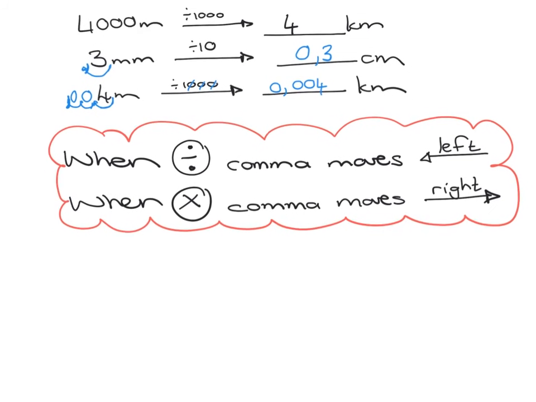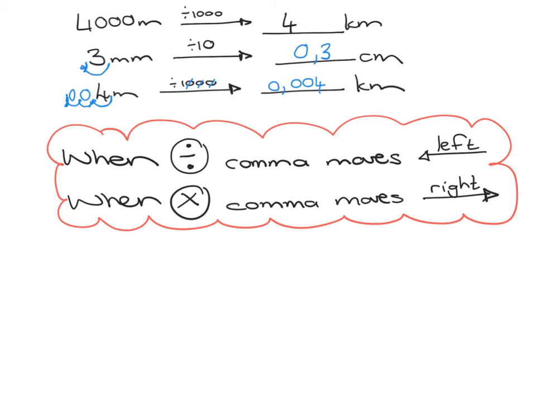Let's use this rule. So now I can tell you that I have 0,03 meters, and I would like you to turn that into centimeters. So you firstly need to go back to your table and tell me, how do I turn meters into centimeters? What must I do to turn any meter into centimeter?